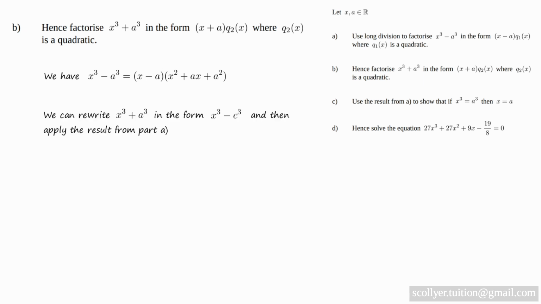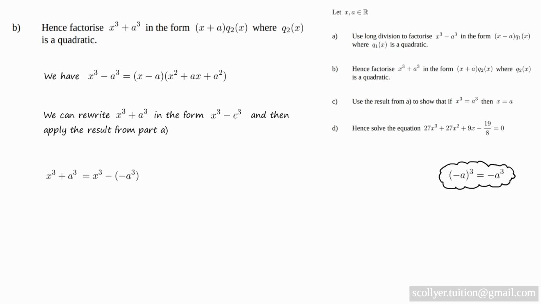To use that result, we can rewrite x cubed plus a cubed in the form x cubed minus c cubed, where c is some constant, and then use the result that we showed in part A. So we have x cubed plus a cubed, which we can write as x cubed minus a cubed.